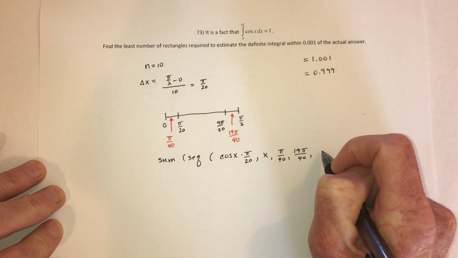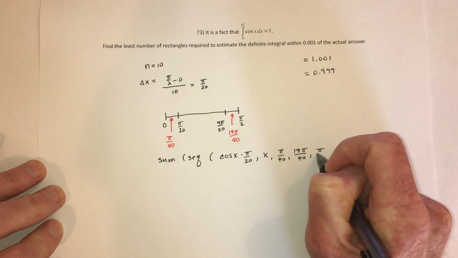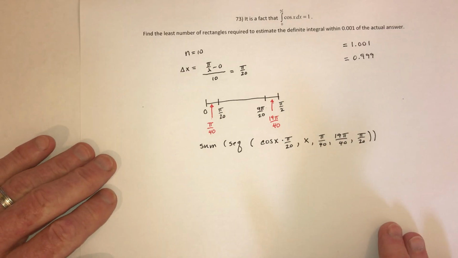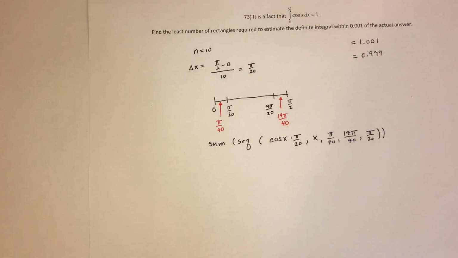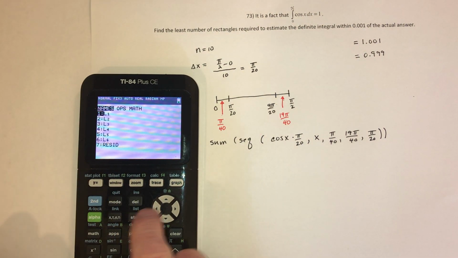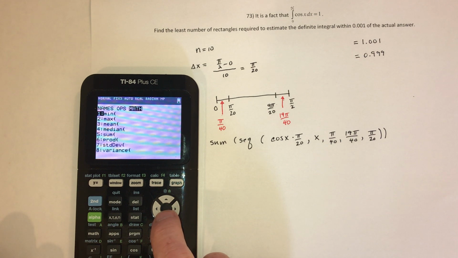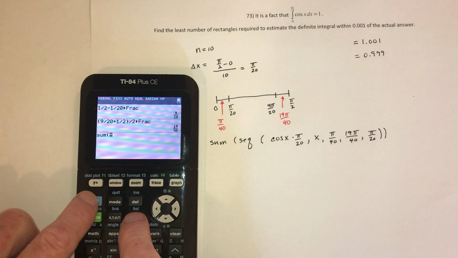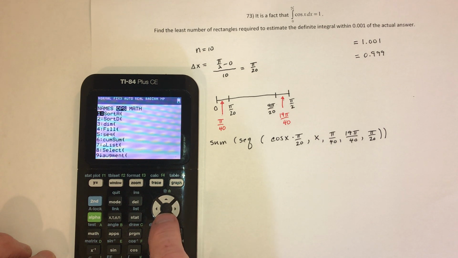And the last thing to tell it is delta x, pi over 20. So go to second list, math, and then find the sum. Go to second list, operations, and find the sequence.